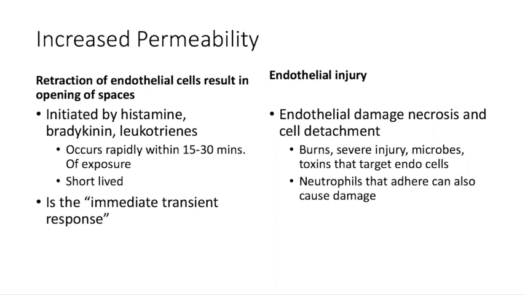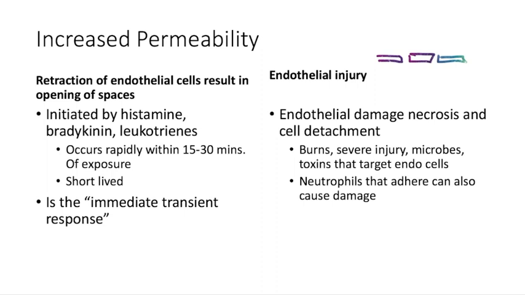We also get endothelial injury, and that endothelial damage, necrosis, or cell detachment. So when we're talking about that damage that happens here, such as in burns, severe injury, microbes, toxins that target the endothelial injuries, we can have some changes related to the neutrophils that are adhering to the endothelium. They may also injure those endothelial cells.